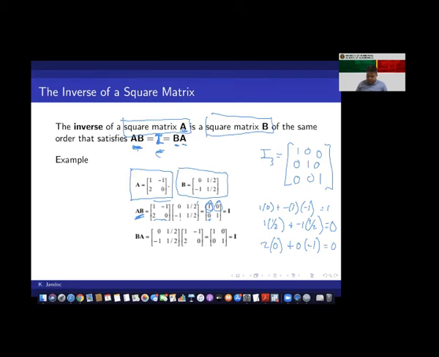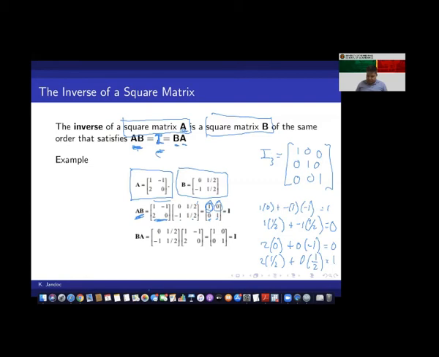And then finally here, this is obtained by getting the inner product of the second row of A and the second column of B. So it's 2 times 1/2 plus 0 times 1/2. So 2 times 1/2 is equal to 1.